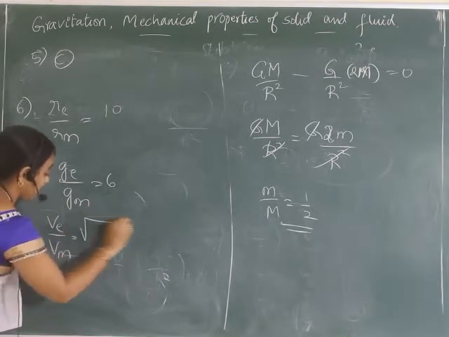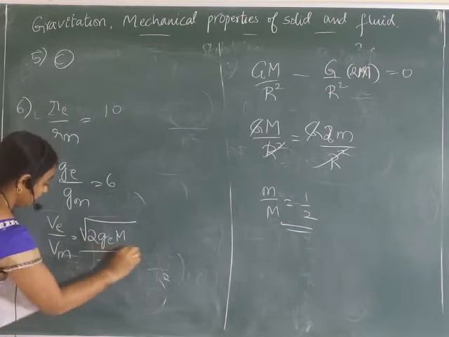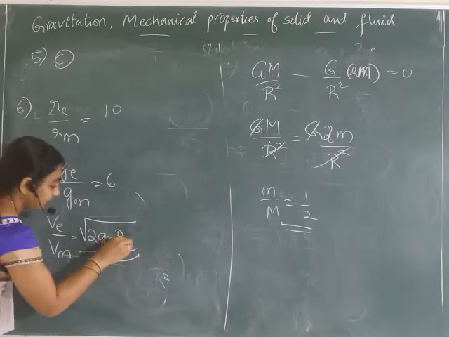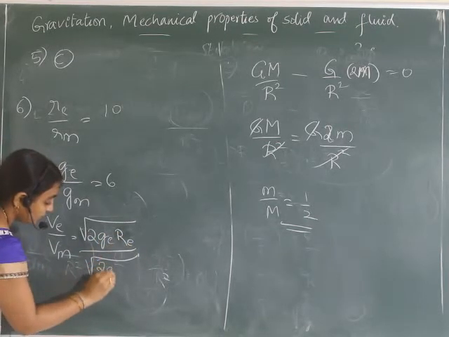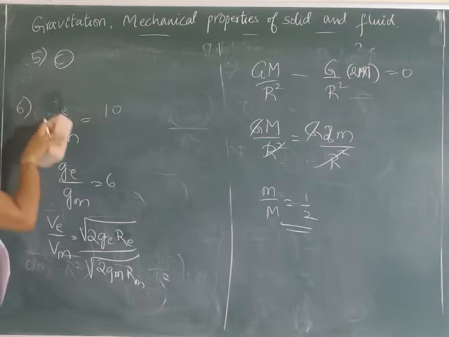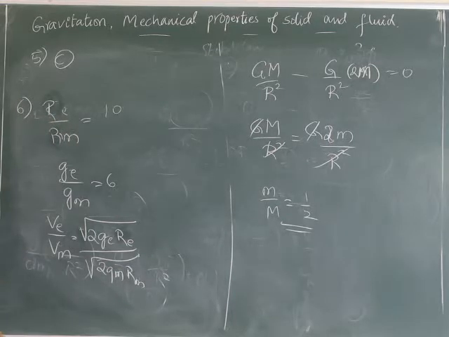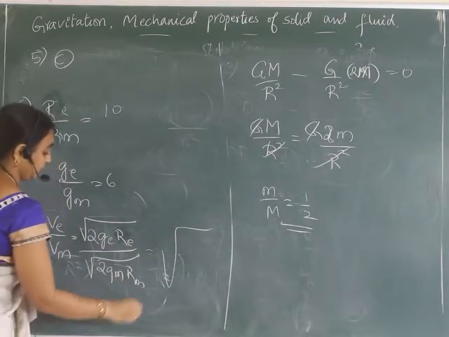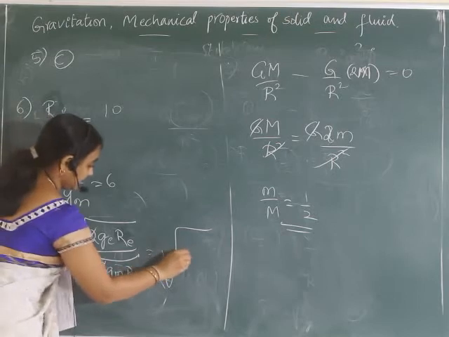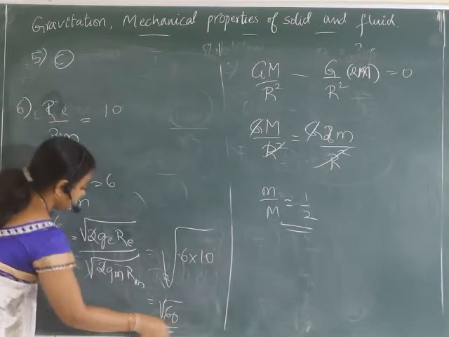So therefore I can write square root of 2 g_E R_E divided by square root of 2 g_M R_M. Here the capital R is the same on both sides, and the square root of 2 gets cancelled. g_E by g_M is 6 into R_E by R_M is 10, which is equal to square root of 60.